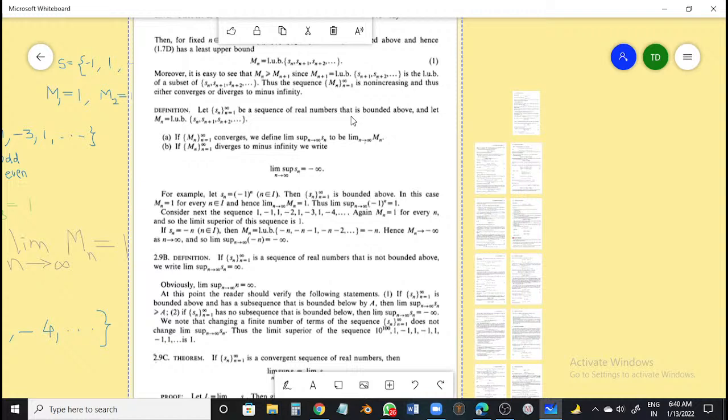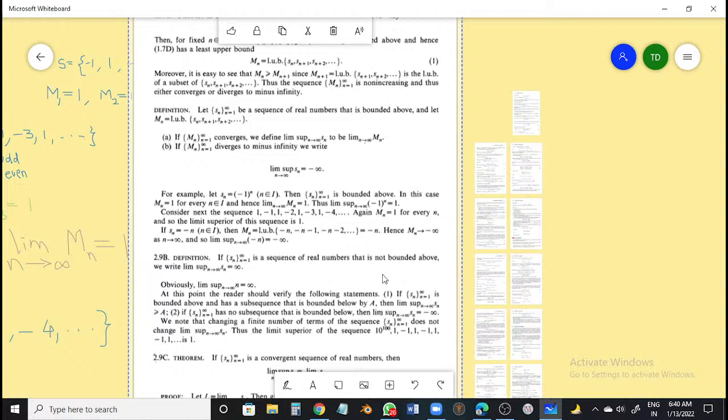And if this sequence Mn diverges to minus infinity, then the limit superior is defined as minus infinity. This is the case when the sequence is bounded above.